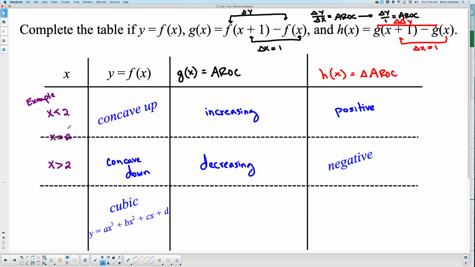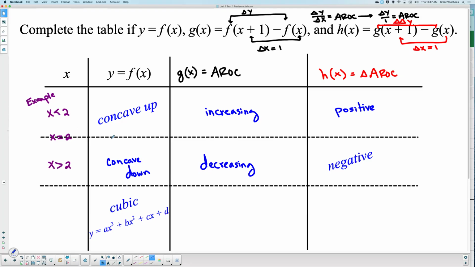If this is x is less than 2, and this is x is greater than 2, that means you were concave up, now you're concave down. Show me that with your hands. Your first hand, show me your left hand, concave up. Now take your right hand, concave down. Put them together. That in our problem represents the value of 2. What does the point when x is 2 represent?